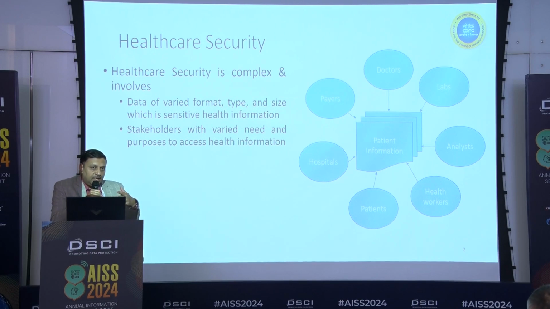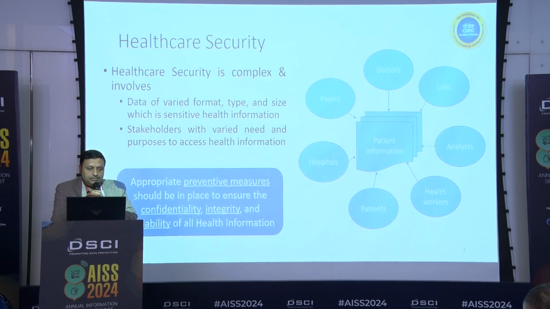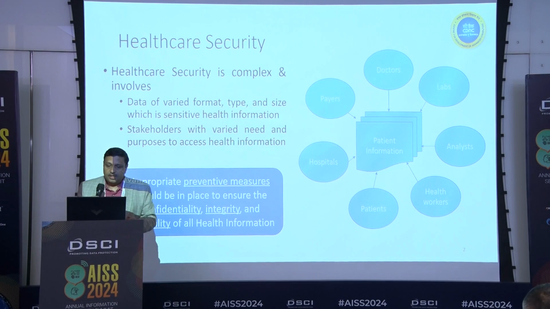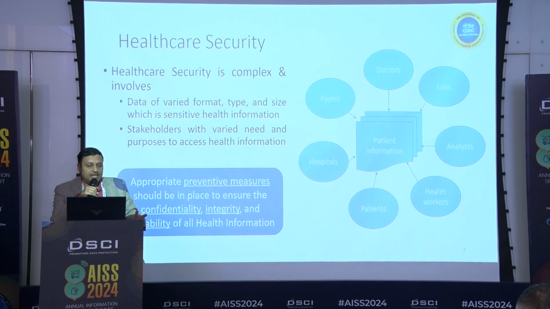But healthcare data poses a separate challenge as well, and that is the challenge of variety. Healthcare data is humongously varied. There are different formats, different types, different sizes, different levels of sensitivity. There are also claims about ownership and responsibilities. In that scenario, we need appropriate preventive measures related to confidentiality and integrity, but at the same time we must ensure availability.